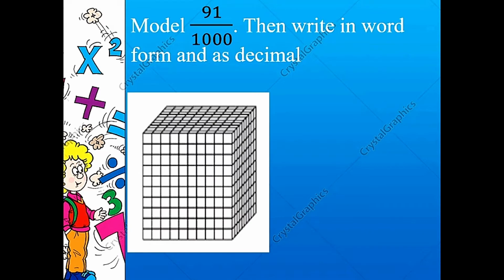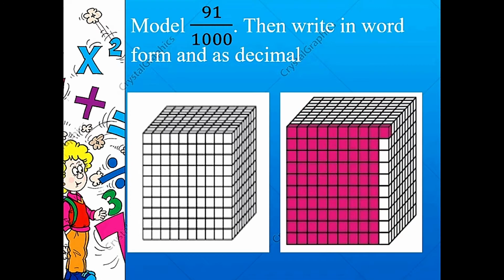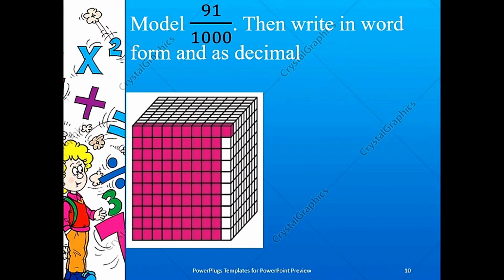Next, model 91 over 1000. This is our fraction. Our numerator is 91 and our denominator is 1000. Then write in word form and as a decimal. Since our numerator is 91, it means we will shade 91 small cubes out of 1000. And after shading, we will write in word form.